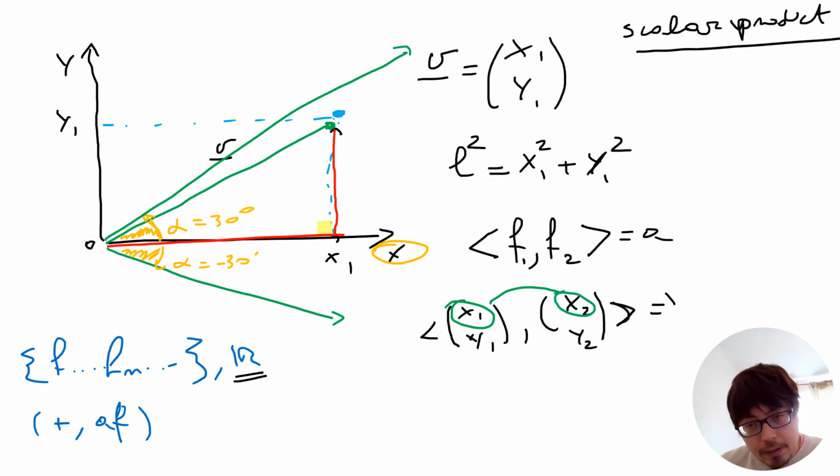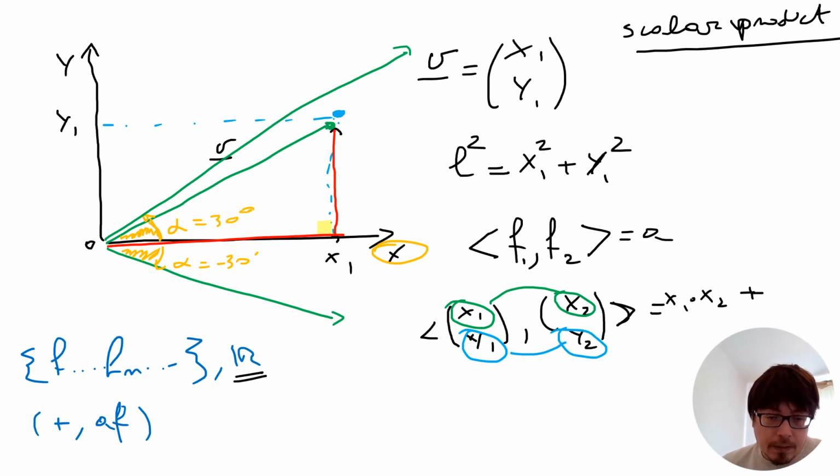So you have x1 times x2, then you add a plus, and then you take the second component and multiply it by the other component. So y1 times y2. Okay, this is the definition of the scalar product.